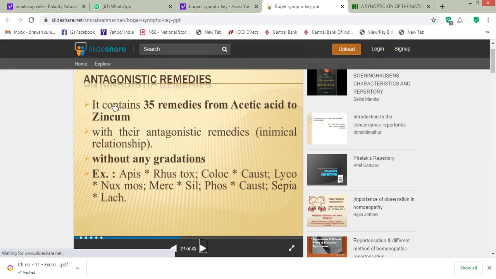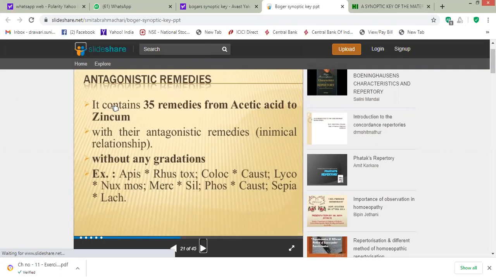The antagonistic remedies act against the previous remedies and block the action of the previous remedies. So these remedies block the action, and antidotal remedies counteract the effect of the homeopathic remedies.